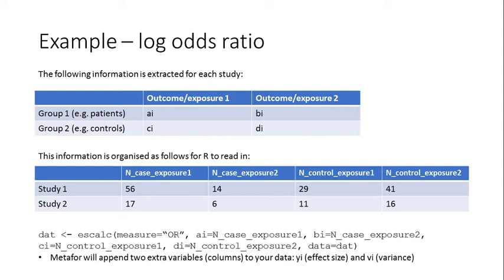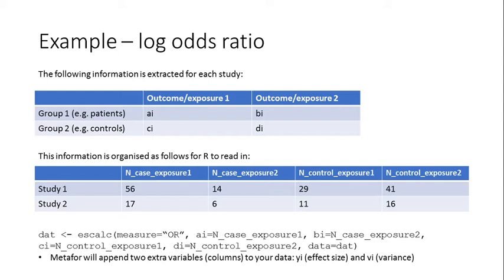So say this is the data that you have. You've got study 1 and study 2. You've got the number of cases who've had exposure 1. So say you've got the number of participants with ASD who do meet criteria for ADHD.